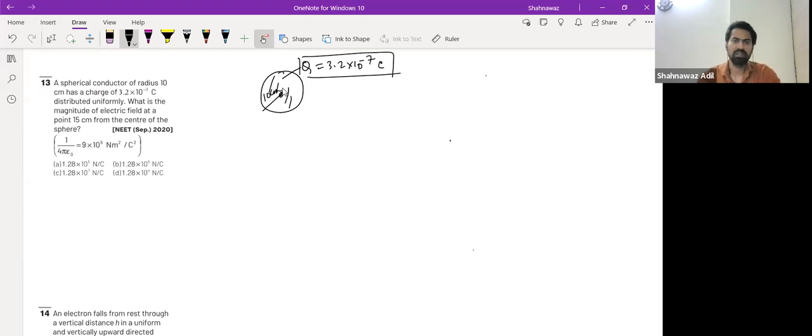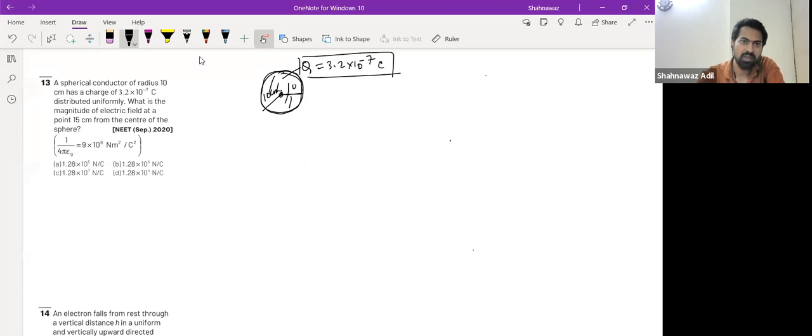You have a 10 centimeter radius spherical conductor. So is 15 centimeter outside this sphere, inside this sphere, or on this sphere? Where is that? Very simple question, right? If we calculate at 10 centimeter, that is on the sphere.